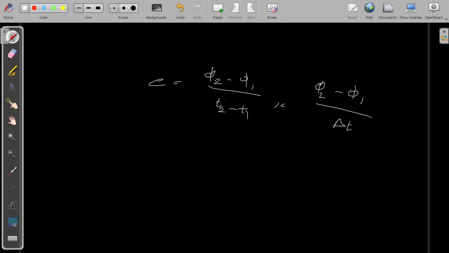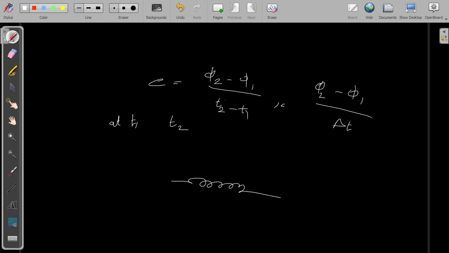Suppose we have a coil, as we have discussed earlier. Let us imagine a coil, and we are taking two instants of time, t1 second and t2 second.